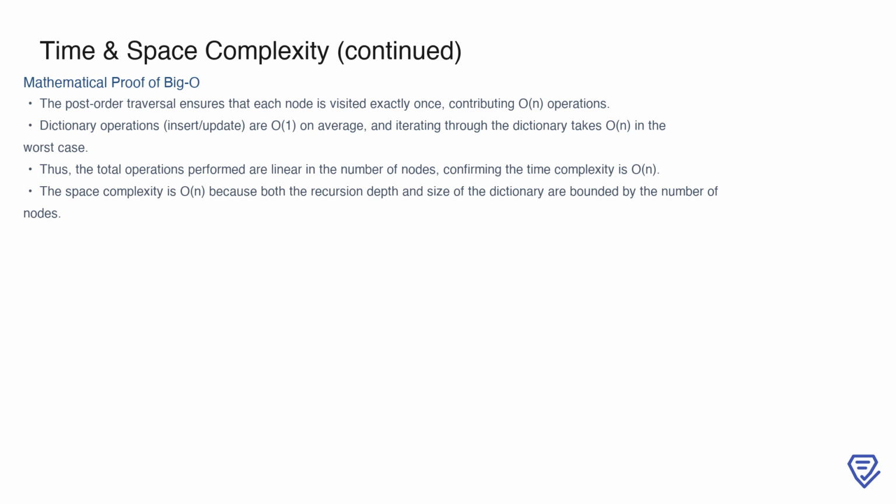For space complexity, the recursion depth is bounded by the height of the tree, which is O(h). Additionally, the dictionary and result list together require O(n) space in the worst case.